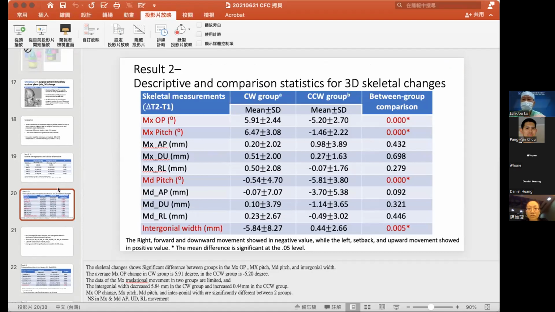I don't know, is that due to the surgical movement or due to orthodontic movement? Because your surgical movement is minimal for the maxilla, the occlusal plane shouldn't change that much, almost 10 degrees different between these two groups.